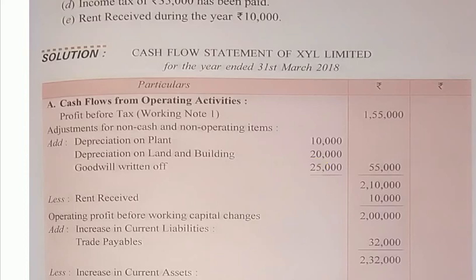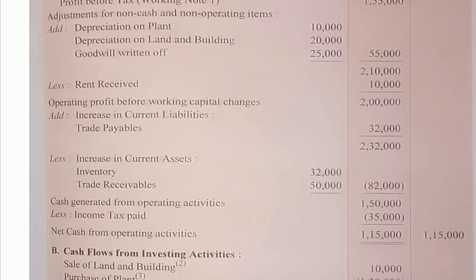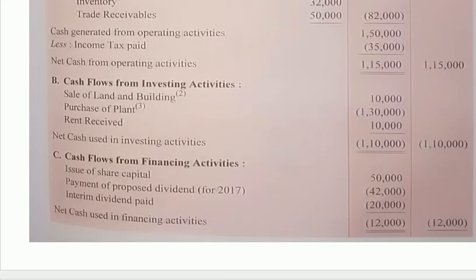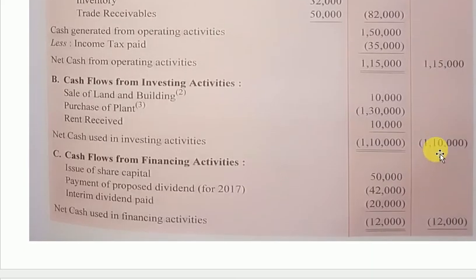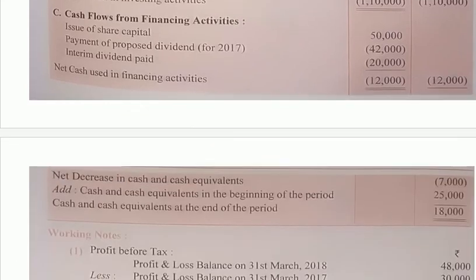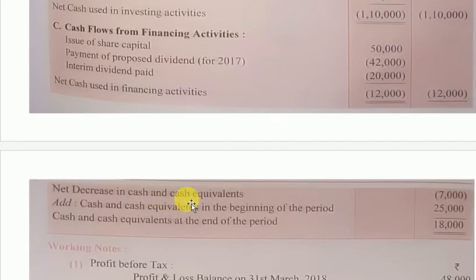So after doing all the major postings, the first answer is cash flow from operating activity, which is coming as 1,15,000. Second is cash flow from investing activity, which is coming as minus 1,10,000. Third is cash flow from financing activity, which is coming as minus 12,000. When we do the sum of these three activities, the net decrease in cash and cash equivalent is coming minus 7,000.